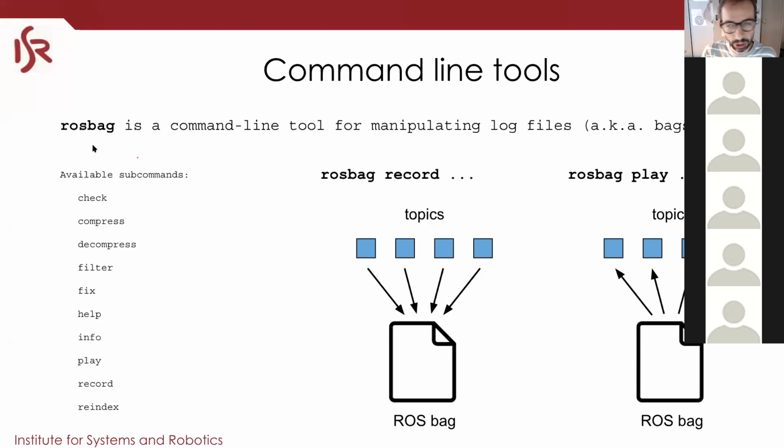You have the command line called rosbag, and you have these subcommands. So check, compress, and decompress. Why are they here? While ROS is recording, it is totally focused on being efficient, being very, very fast. Because if ROS has some latency issue, it might lose messages, and that is not good.